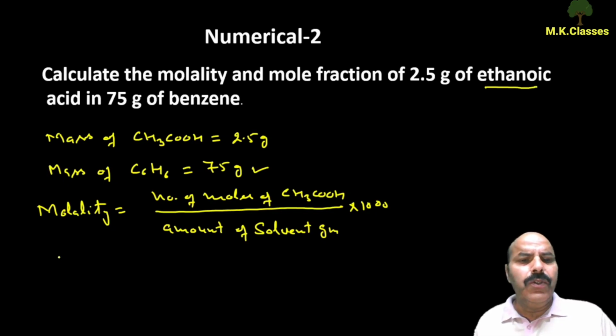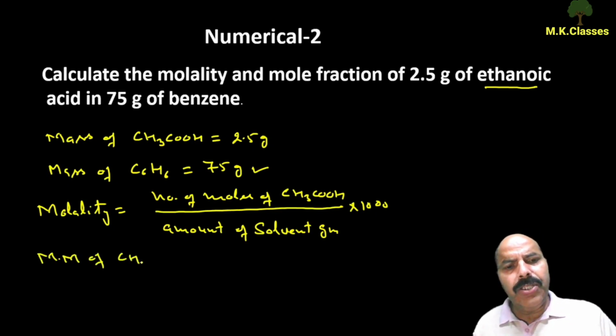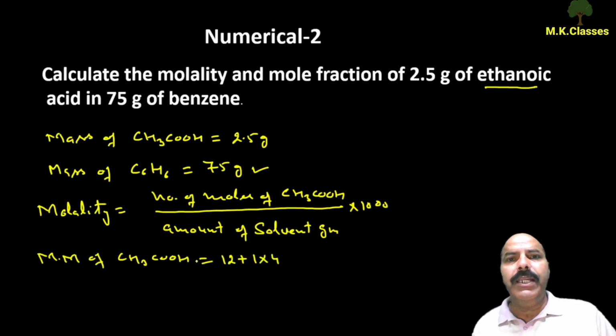Is that clear? So the molecular mass of CH3COOH is equal to, beta, carbon's 12 plus 1 into 4, because 4 hydrogen atoms are here. Clear? Plus 16 into 2.